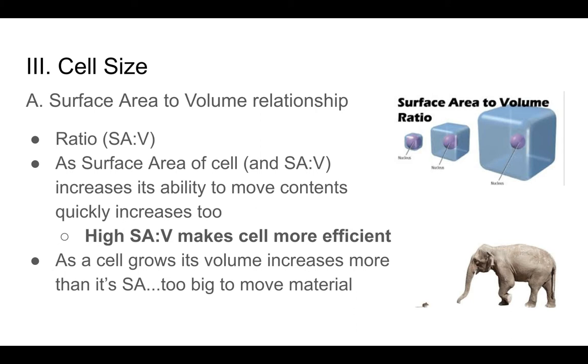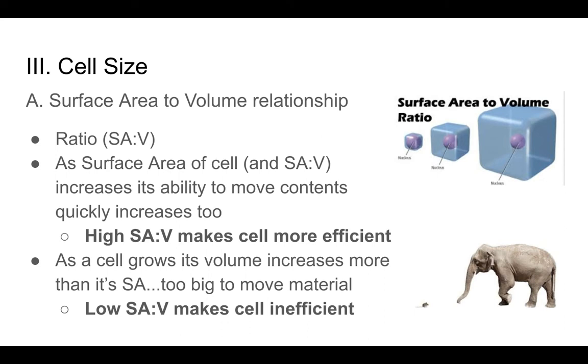There is a bit of a size difference, but in general, cell sizes are roughly the same in various organisms. So the number of cells that it takes to make a large organism like an elephant is definitely more than a mouse, but their overall cell size is relatively similar because if a cell gets too big, it becomes inefficient.